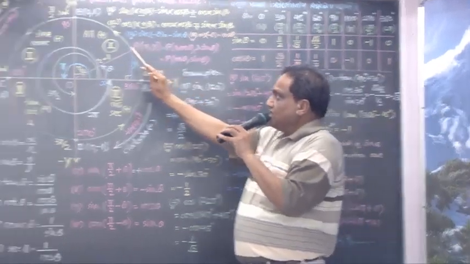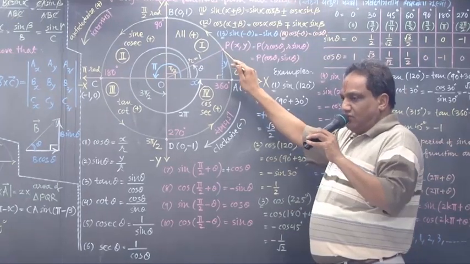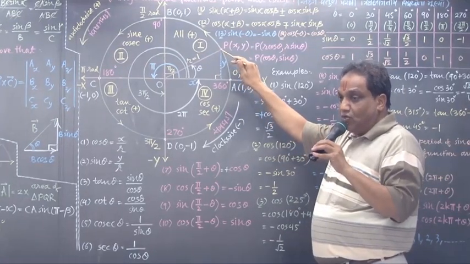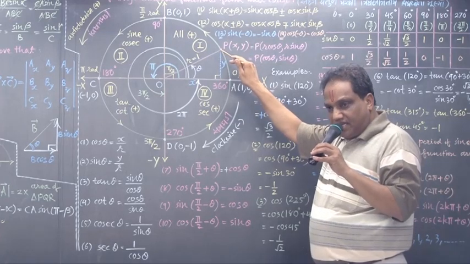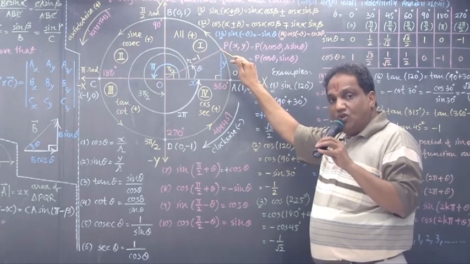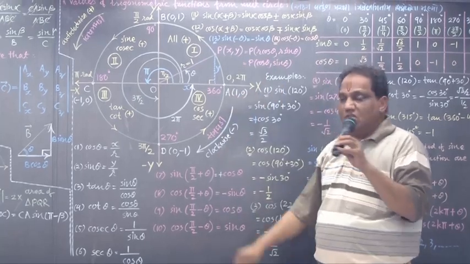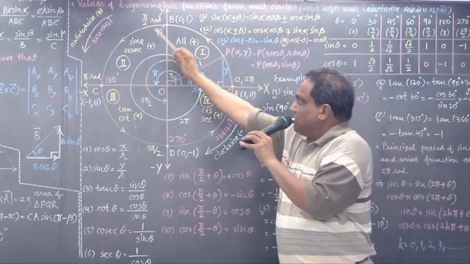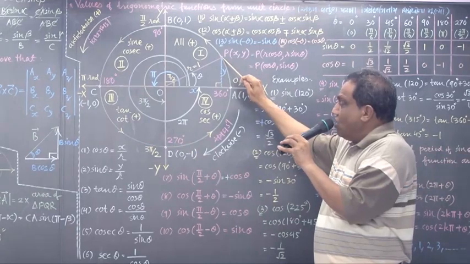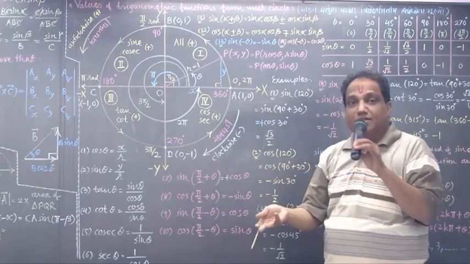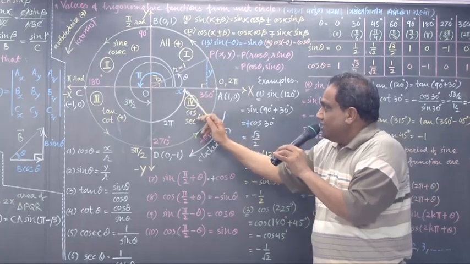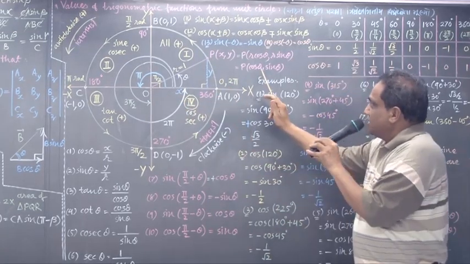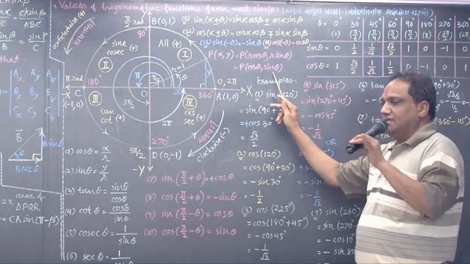Look, when you start with this point and add 2 pi radians, which means 360 degrees, that means one full circulation. When you complete one circulation and come back to the same point, it should have the same coordinates: the same x coordinate and the same y coordinate, meaning the same cos theta and the same sin theta.